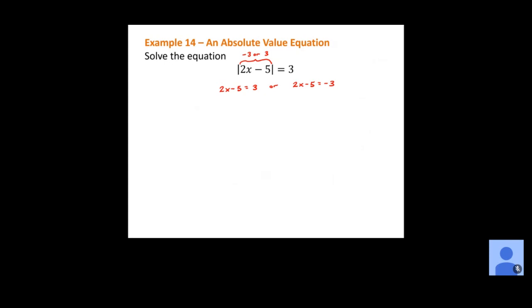Now we just have to solve each one of those equations. Okay, so if I look at this first one, what's the first thing I'm going to do here? Good, add the 5. So if I do that, that's going to give us 2x is equal to 8. And then we would have to do what?